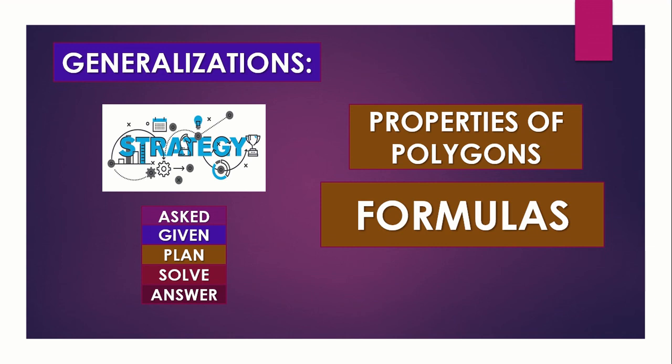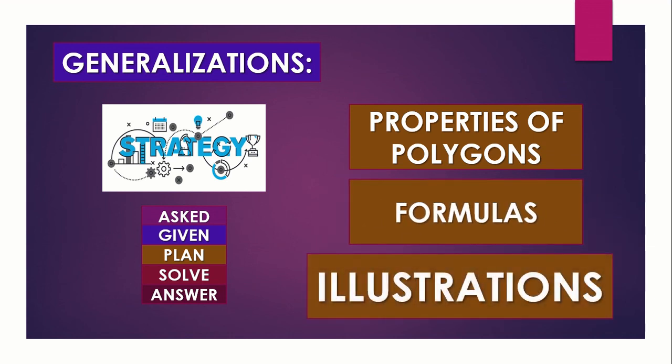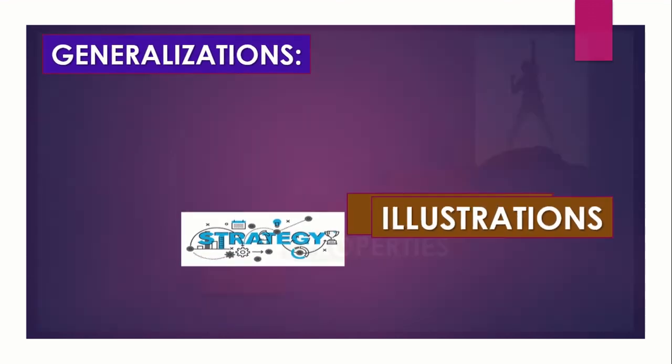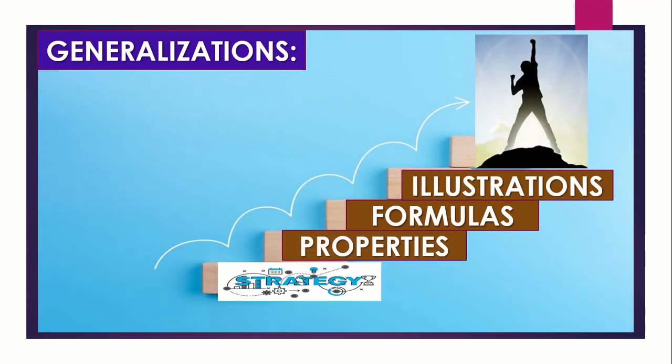Since we are solving for sides and angles of polygons, it is an advantage if there is an illustration. It makes it clearer with illustrations. Strategy plus properties, formulas, and illustrations equals success in solving word problems involving polygons.